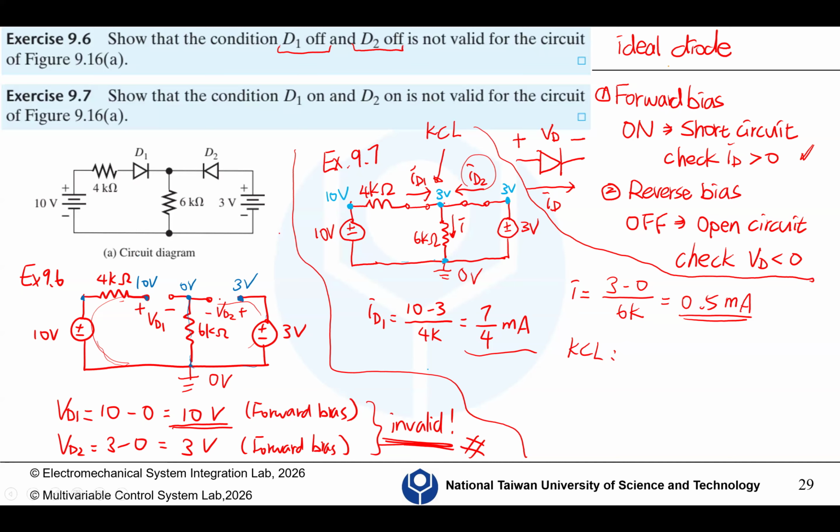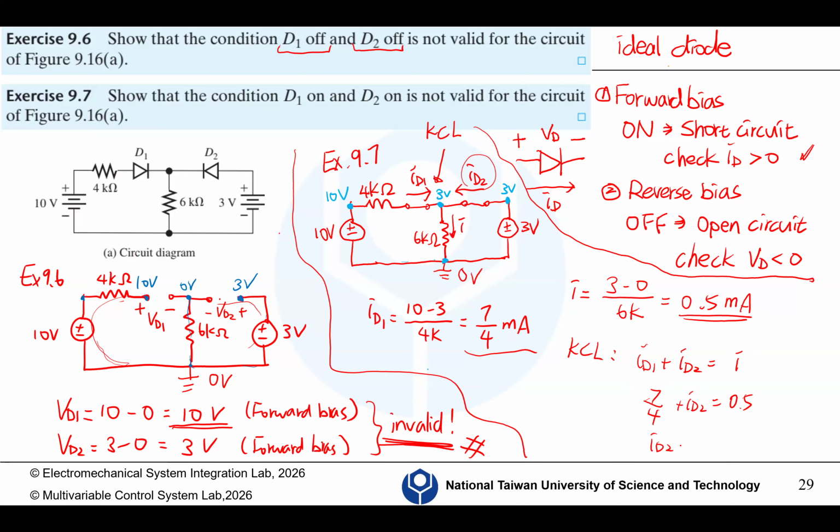So the current flowing into this node is ID1 plus ID2 and equals I. Since ID1 is 7 over 4 milliamps, plus ID2 equals 0.5.